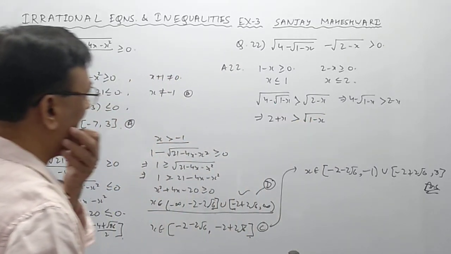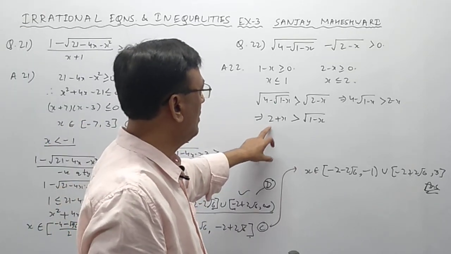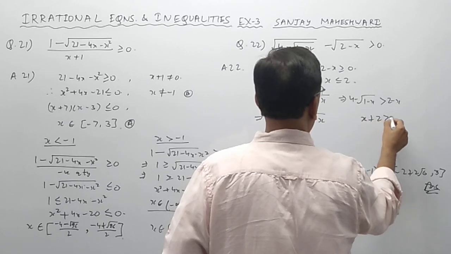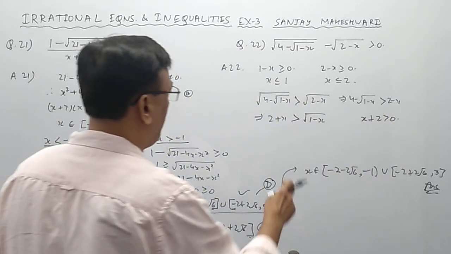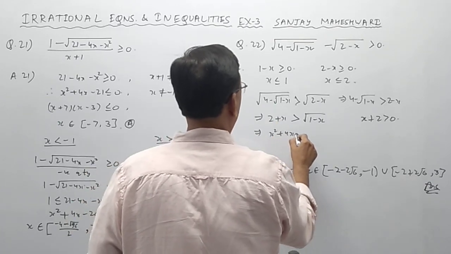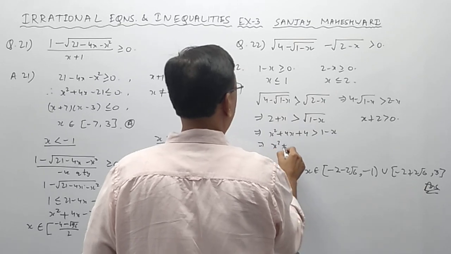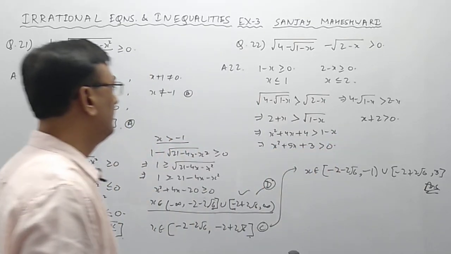So here you can easily see that this is a positive quantity, so this must also be a positive quantity. So x plus 2 should be greater than 0. Both quantities are positive, so we square it. x square plus 4x plus 4 greater than 1 minus x. x square plus 5x plus 3 greater than 0.